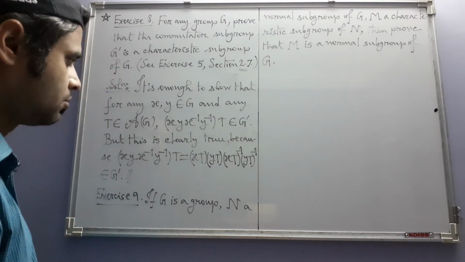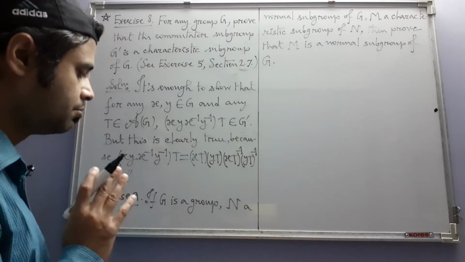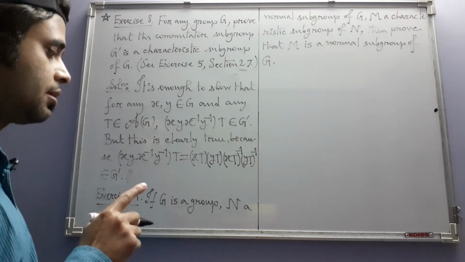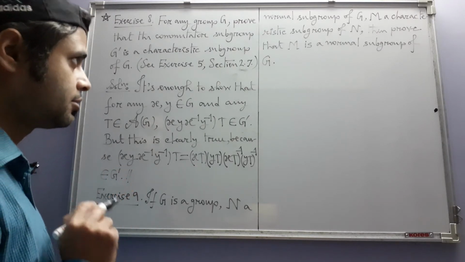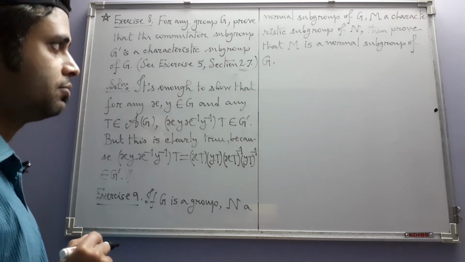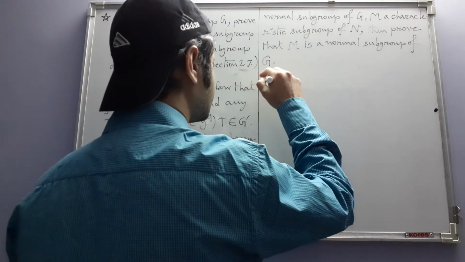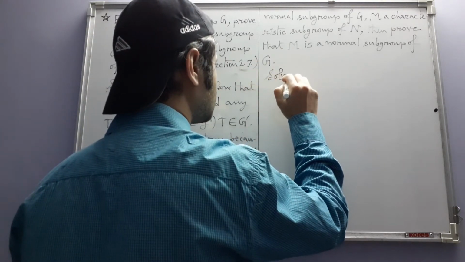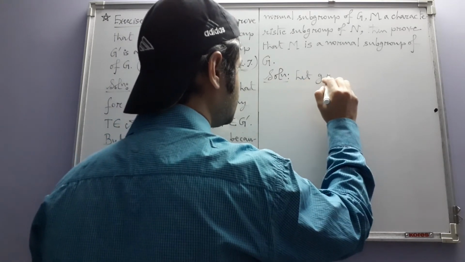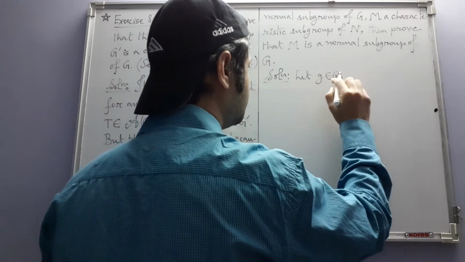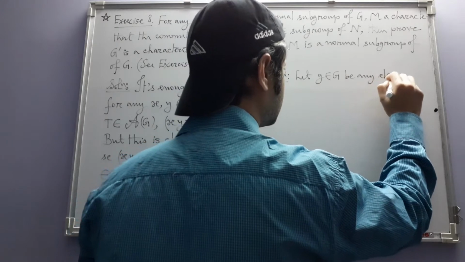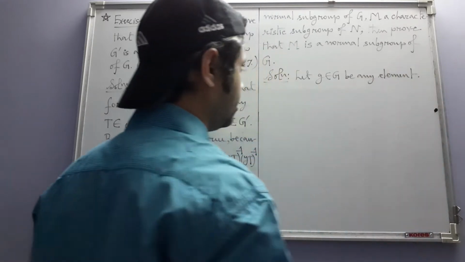Okay, so now we have a group G and a normal subgroup N of G, and M is a subgroup of N that is a characteristic subgroup of N, then we have to prove that M is a normal subgroup of G. Okay. Let g belonging to G be any element.